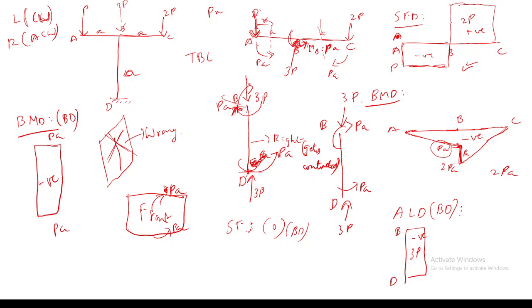See, for example, maybe I will do it here. This will be A, B, C. You can find the bending moment at any cross section based on these relationships. For example, this is P, right? You have a concentrated moment of P into A here, and you have 2P here.